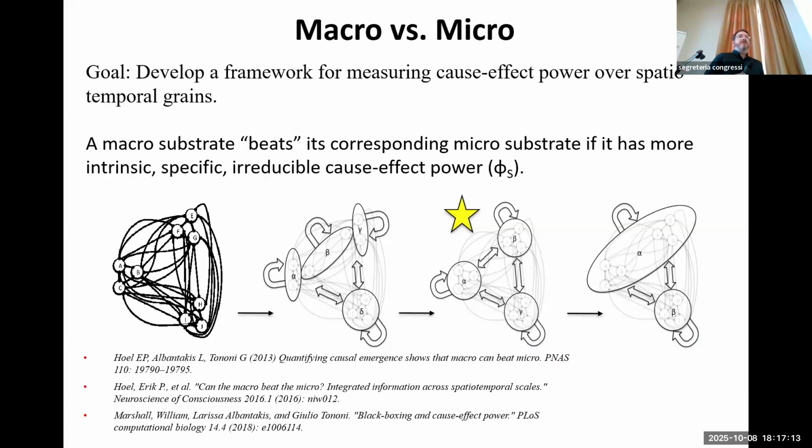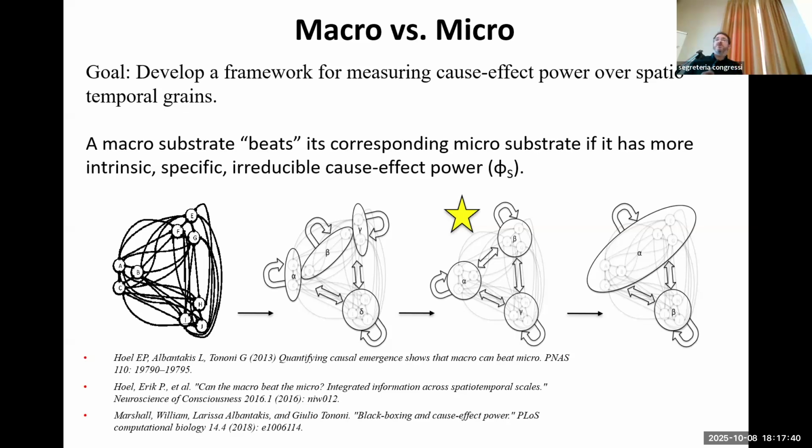So this is colloquially the macro versus micro story for IIT. The goal is to look across scales, so we need a framework to do that. IIT has a mathematical framework: you get a TPM, and you can measure cause-effect power. But now I need to extend that framework so I can take the base TPM, usually starting at the finest level, and search across grains.